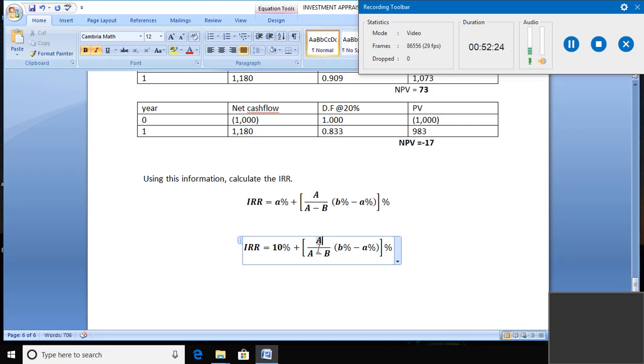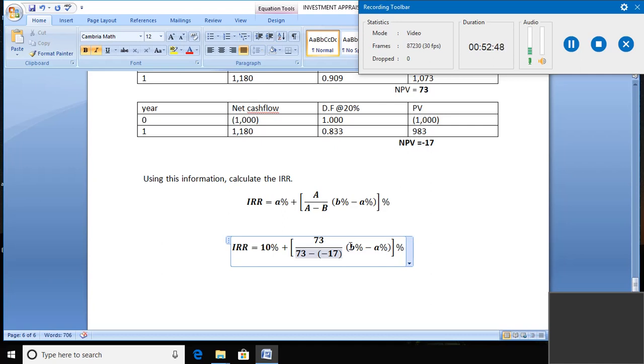The value of A on top there is 73. That's what we have calculated from the table. And down there we have 73 minus, now this is a negative value, so it will be minus negative 17.